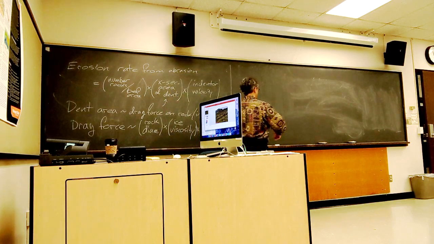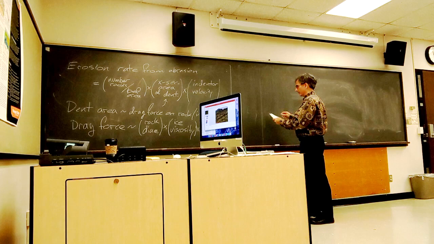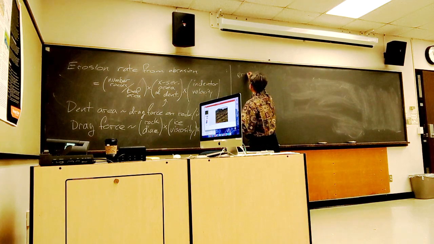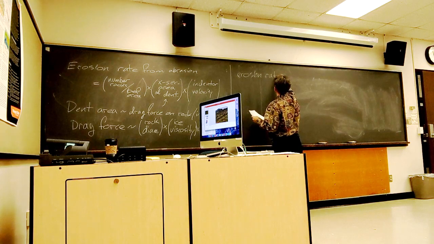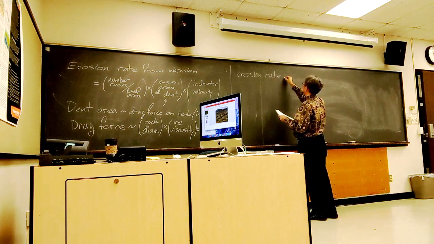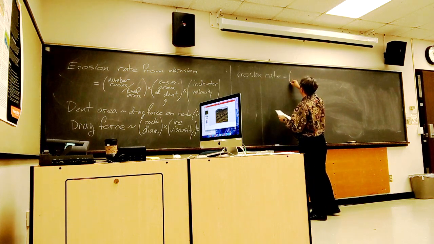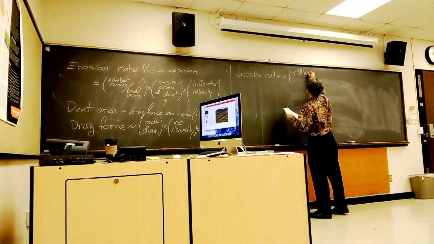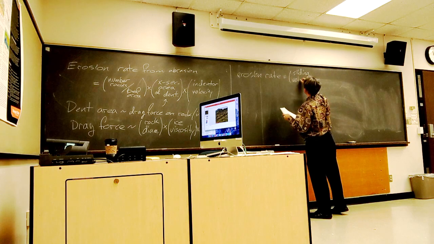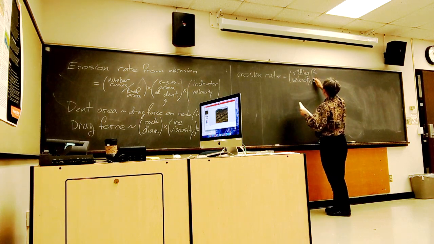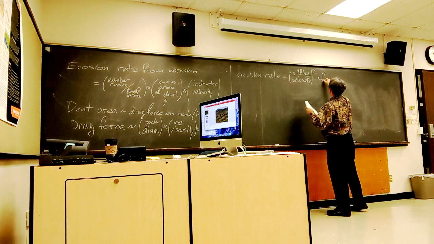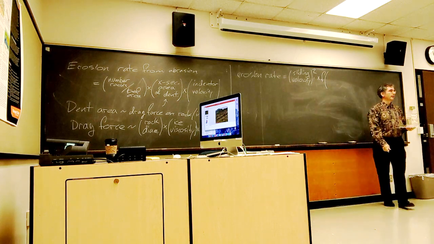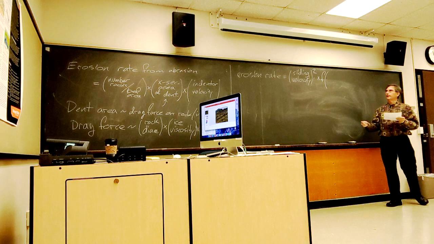And so partly what it comes down to is that our erosion rate is, say, equal to the sliding velocity squared times some function of other stuff. So what other stuff?